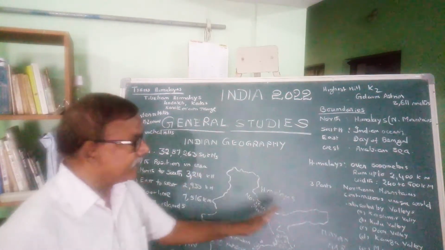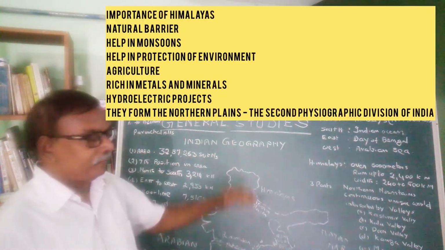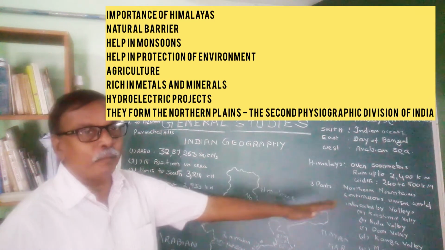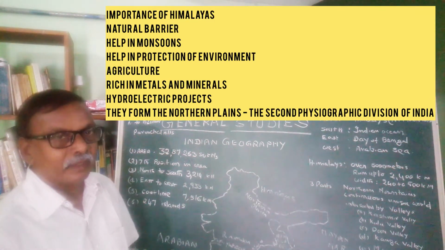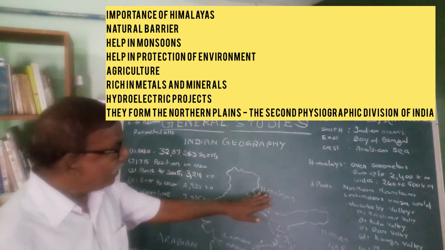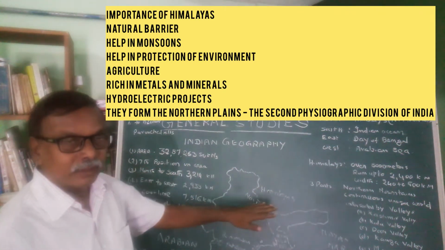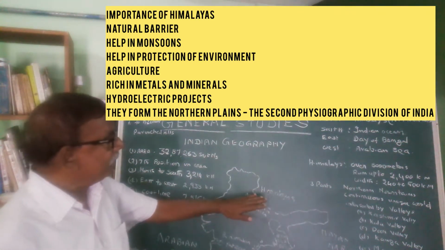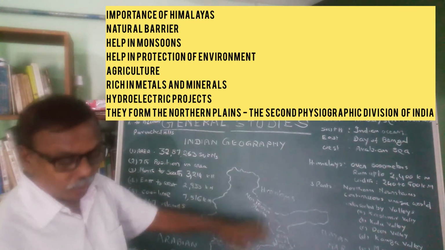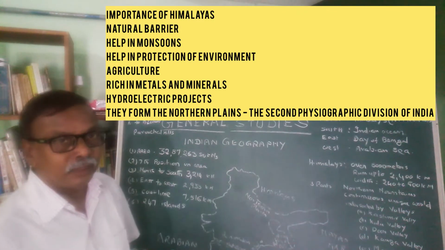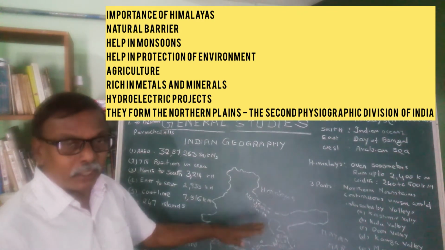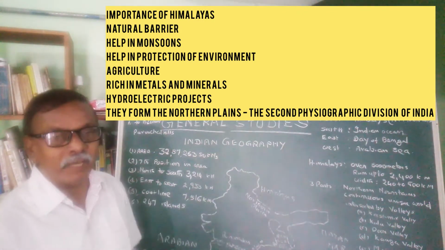The Himalayas act as our northern border of our country, India. They help in monsoons. They help in the protection of the environment. They are agriculturally very active. A number of minerals and metals are present in these Himalayas.